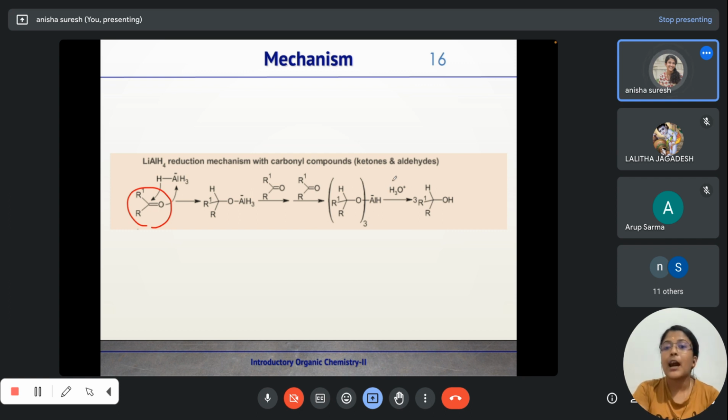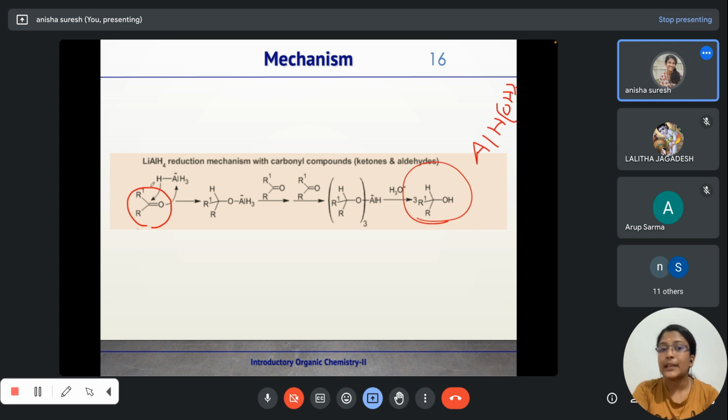Then upon hydrolysis, this bond will cleave and the Al(OH)3 will be leaving, and we will be getting this secondary alcohol. So this is the basic mechanism.